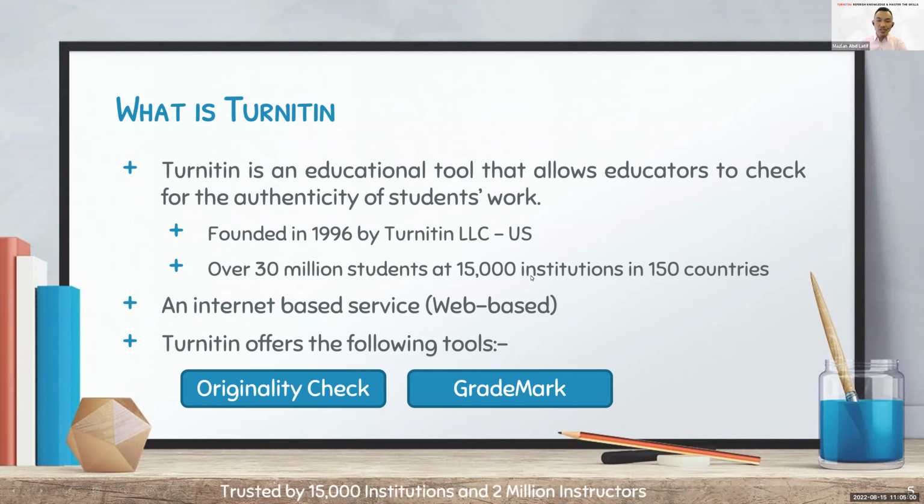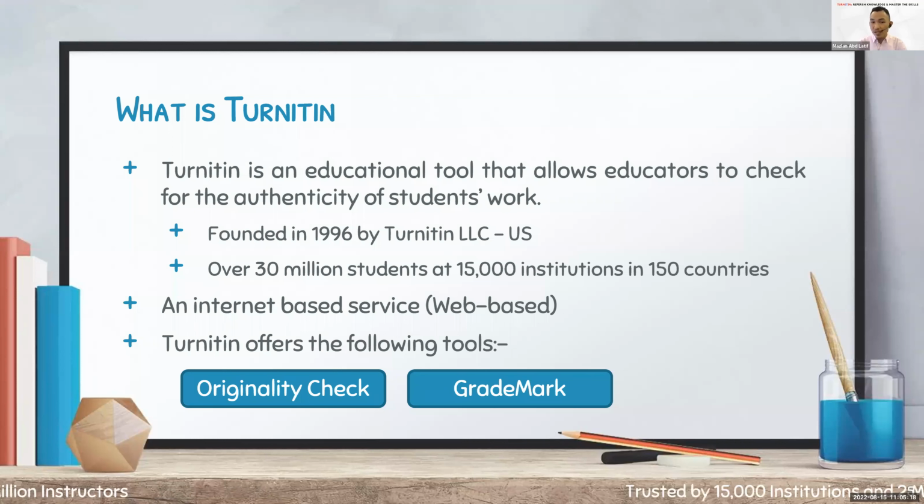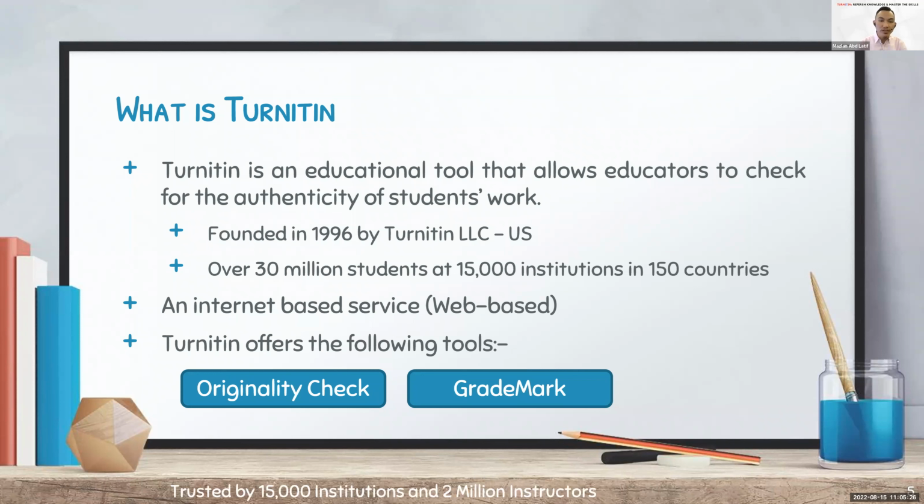For the originality check, previously it was known as plagiarism prevention software, but as part of Turnitin's rebranding strategy, they renamed it originality check. The main reason is the wrong perception towards Turnitin. Last time, whenever we talked about Turnitin, people would think Turnitin detects plagiarism, that Turnitin catches students cheating. In fact, this is not true.